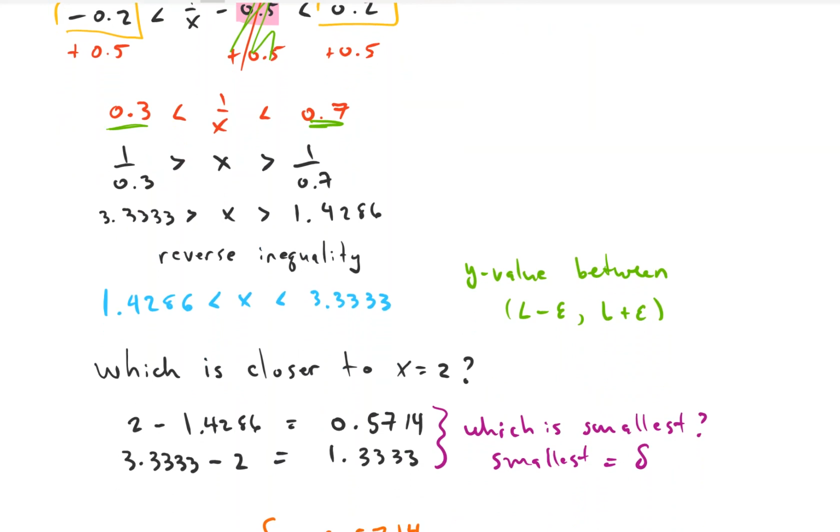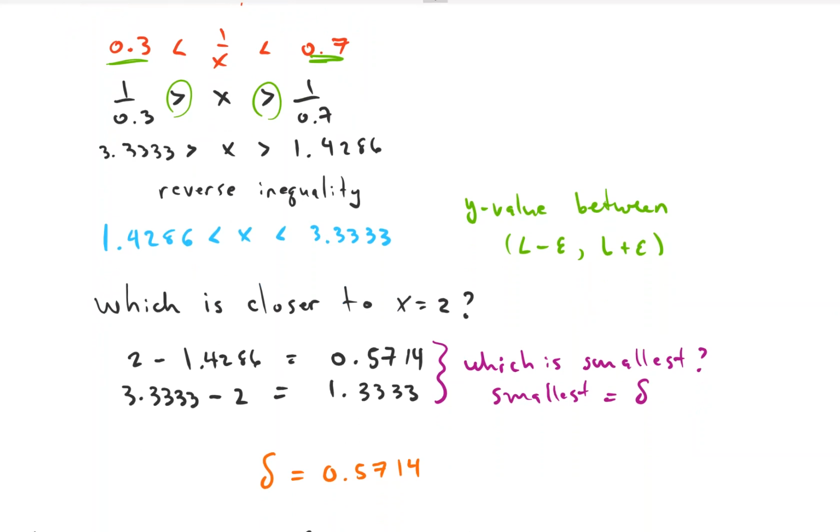Now in the middle we have 1/x, and we just want x. So if we flip each of the 3 parts of the inequality, we have to change the direction of the inequalities themselves. So this inequality changes direction, that inequality changes direction, and we have 1/0.3 and 1/0.7 on the ends.